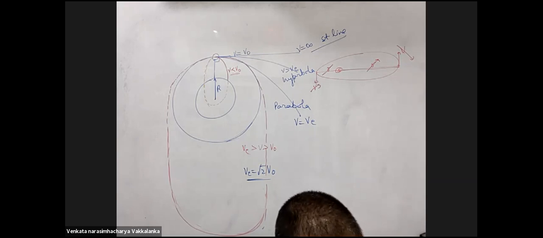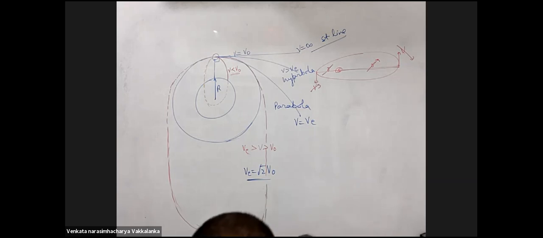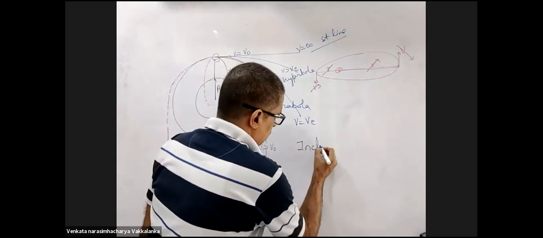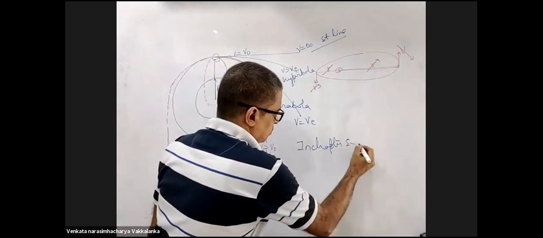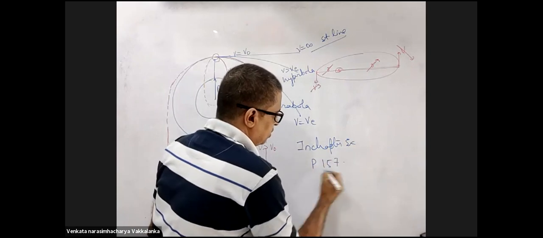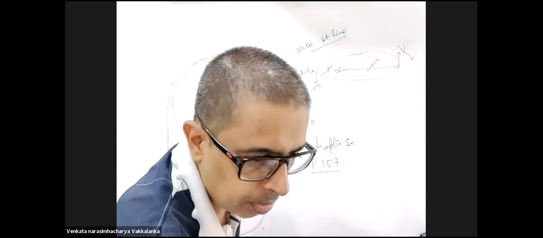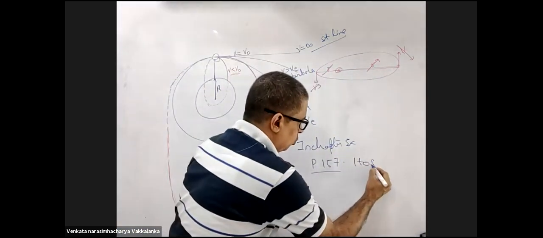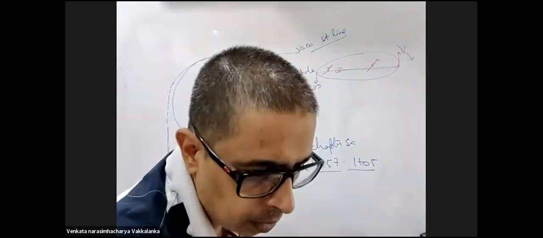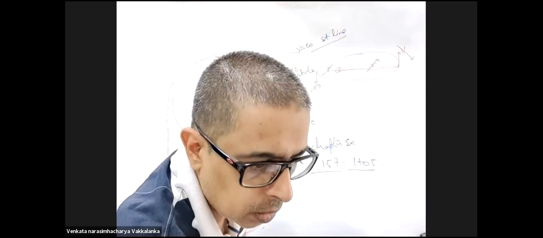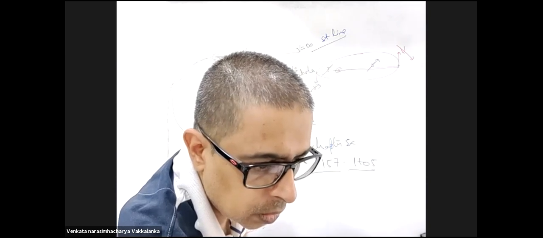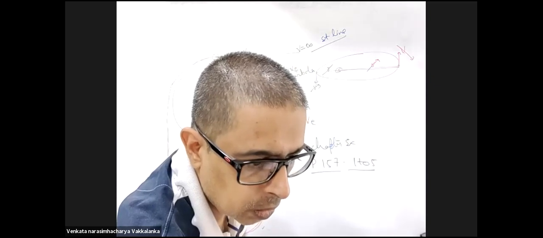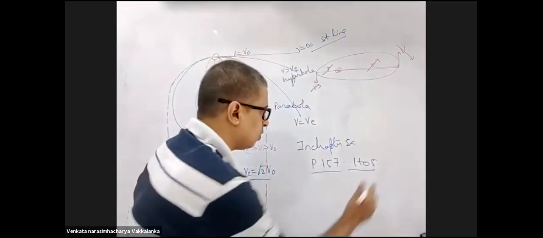In chapter exercise, page number 157, booklet. There are 5 problems, 1 to 5. So there are 6, I think. Okay, 6, 1 to 6.